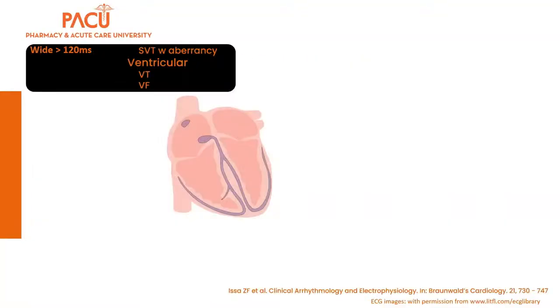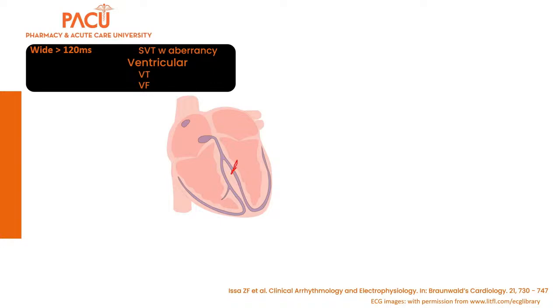So remember that schematic at the beginning of the presentation, wide, narrow complexes. How I mentioned that term SVT with aberrancy. It's an odd term, but let's dive into that just for a second. So imagine that you have a patient with myocardial scarring from an MI or some form of ischemia.